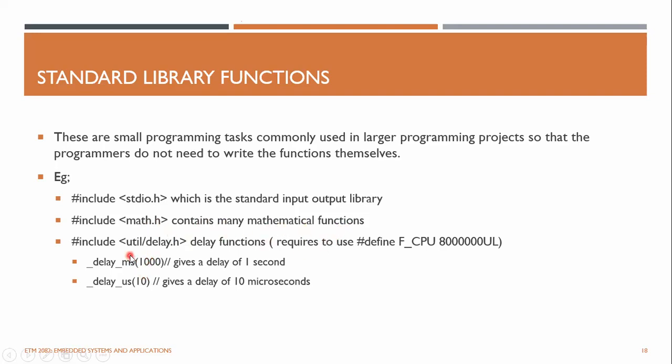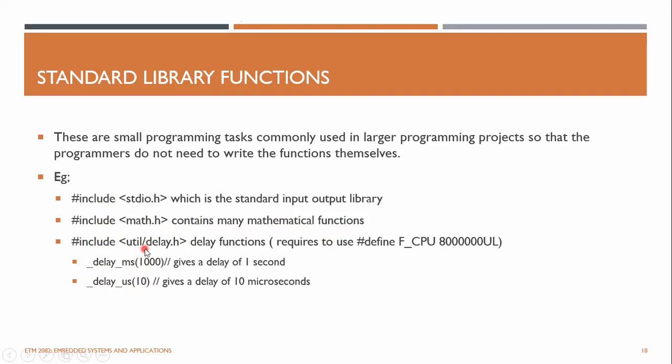And if you want to make a delay in your code, this is how you define the delay: delay ms 1000. This is slightly different from the way you define delays in Arduino. This is for Atmel Studio. If you want to define a delay in milliseconds, this is how you define it. If you want to define the delay in microseconds, this is how you define it.